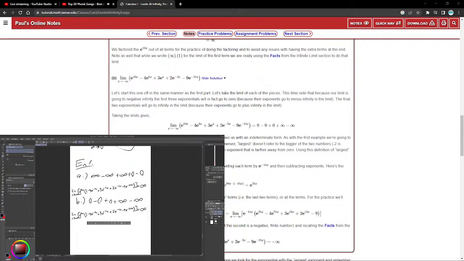Or not again, but this time you get negative infinity. Okay, so you get the intermediate form again. So you factor them out.